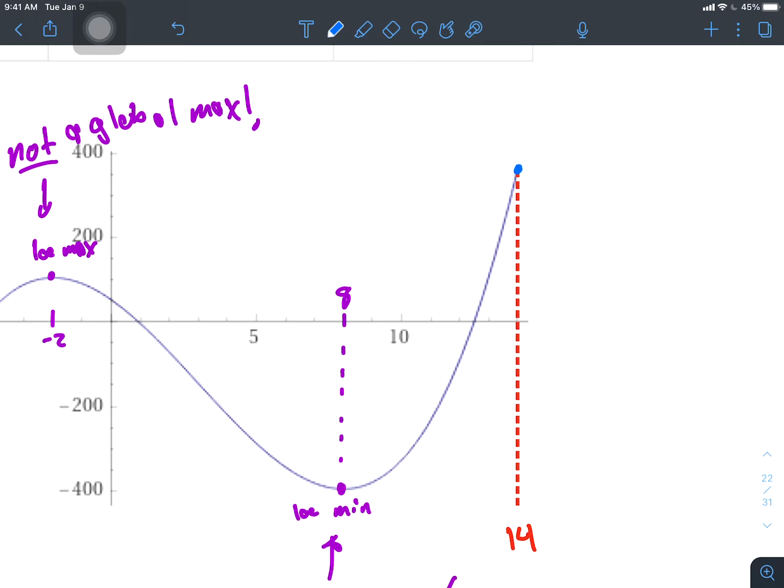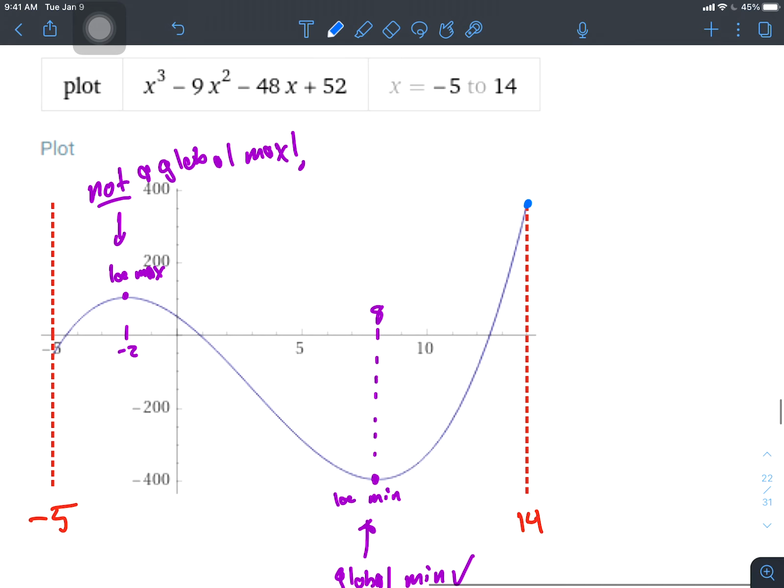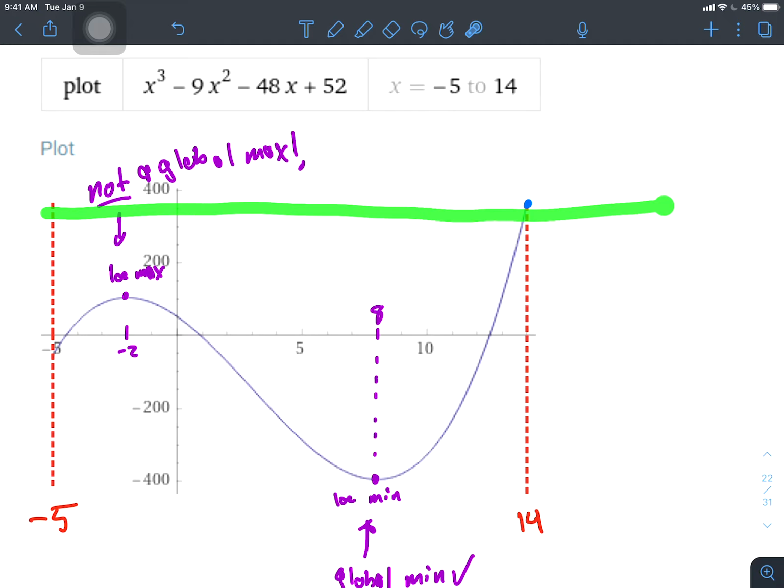Right, but we can tell that there is a point right here. And of the part of the graph which we can see, do you agree with me that this is the highest point that there is? So that's how I can tell that it's a global max, because if I go left and right, there are no points which are above it in this interval. So does that answer your question? Yeah, so that's how I can tell that it's a global maximum.